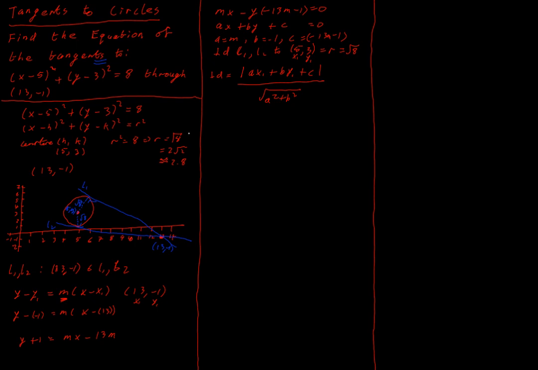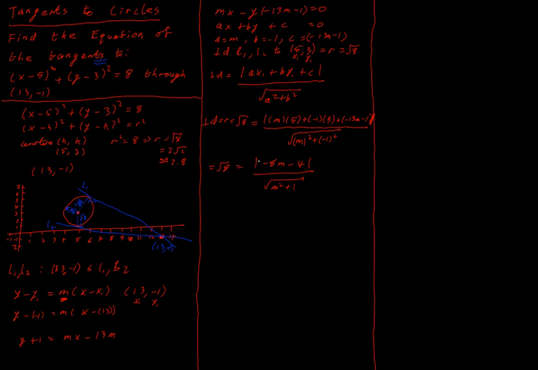So subbing in, I get this, and simplifying down, I am going to get square root of 8 is equal to the absolute value of -8m -4 all over the square root of m squared plus 1. Now I recognize that I have an absolute value problem.